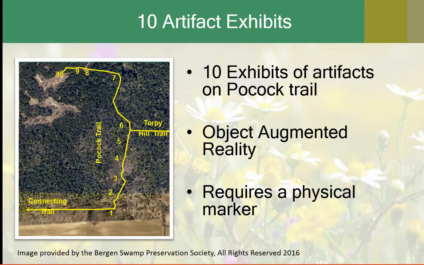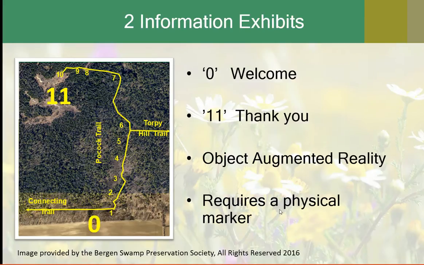So there's the Pocock Trail, which will be the exhibit's location. We have decided and put down 10 object augmented reality markers, so that we will have 10 interpreted positions or spots, and the markers are already in the swamp.